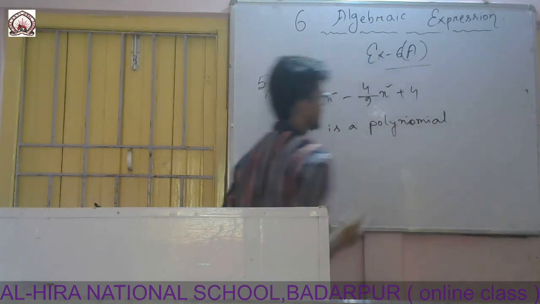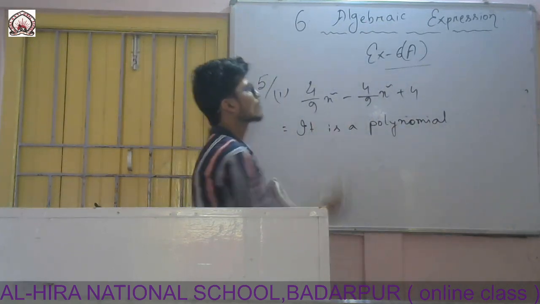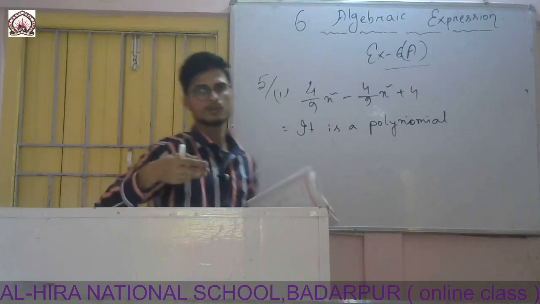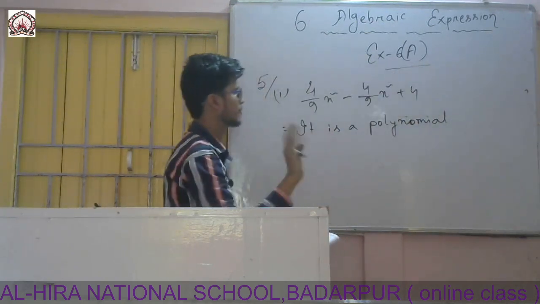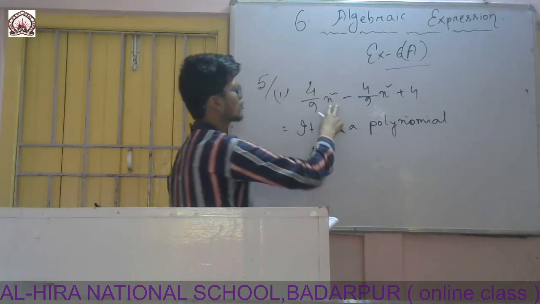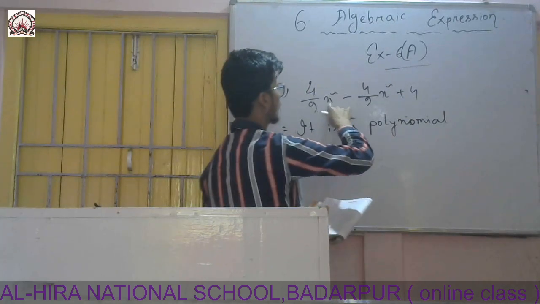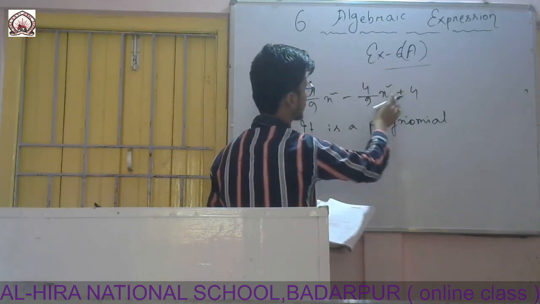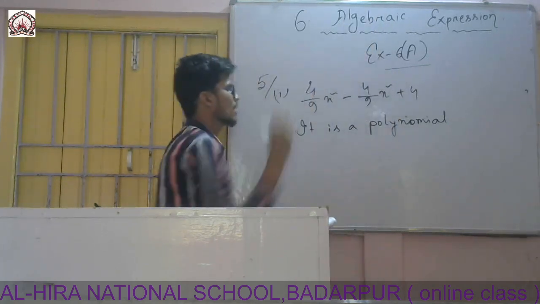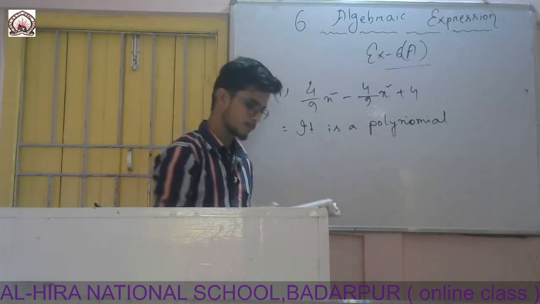Oh, sorry, another criterion is that it should have more than one term, that means 2 or more. So here there are 3 terms, that one criterion is fulfilled, and the next one is that the variable should always be on the numerator. So there x is on the upper side, that means 1 is there, there also 1 is there, that means both of the x are on the numerator, that means it is a polynomial.